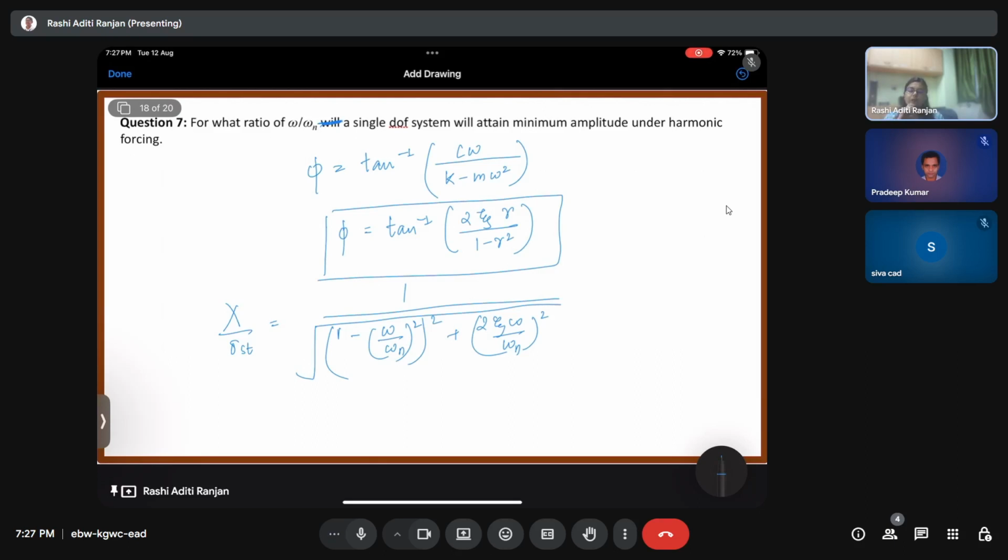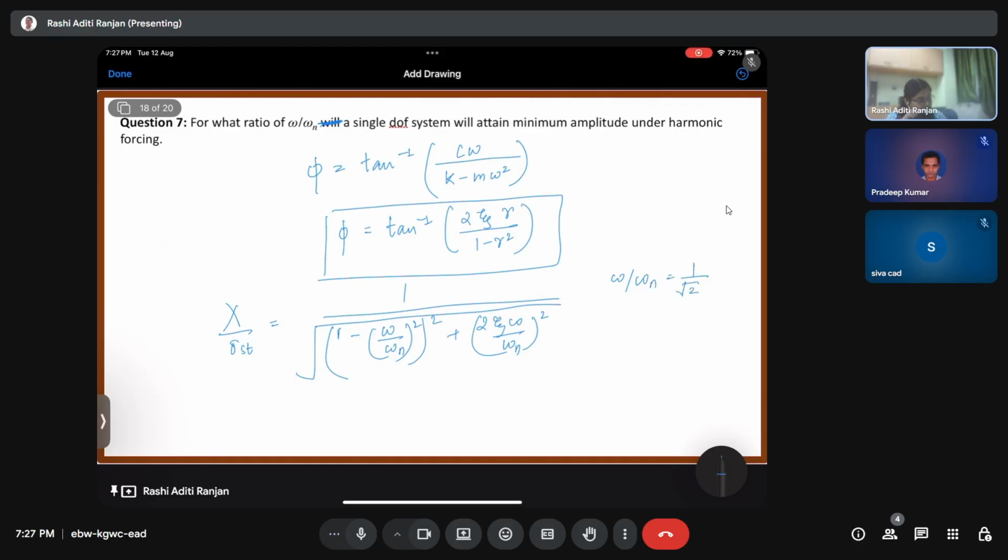So if we look at this very clearly, and if we take the values such that omega by omega n is equal to 1 by under root 2, right? What are we going to get?